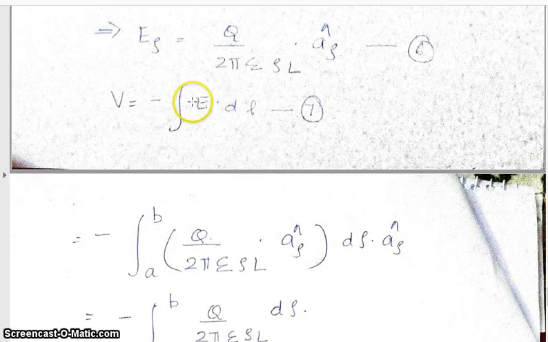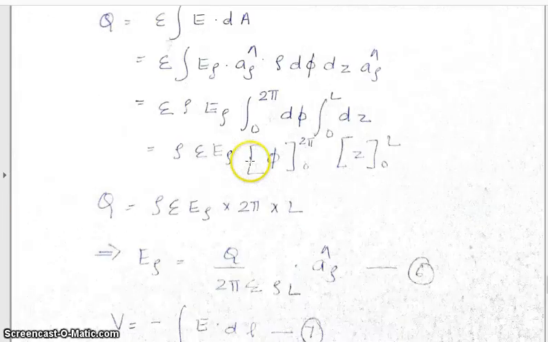Now instead of E, I will be substituting E rho. Minus of integral, I am substituting E rho. What is E rho? E rho is equal to Q by 2 pi epsilon rho L A rho. That is substituted here. And instead of dl, what will I substitute?